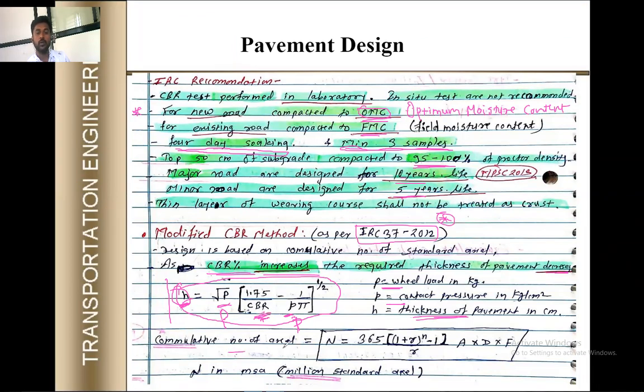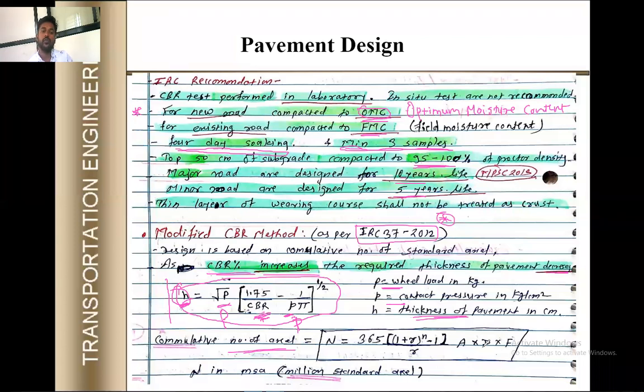So how can we calculate the cumulative number of axles? N is equal to 365 into bracket 1 plus R raised to n minus 1 divided by R into A into D into F. So this is the formula for calculating the cumulative number of axles. It is measured in MSA, that is million standard axle.